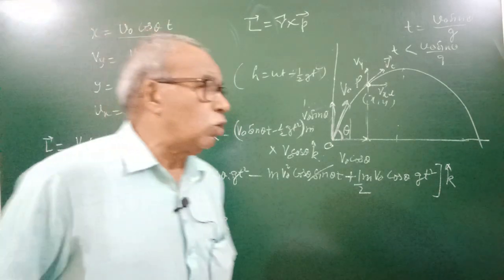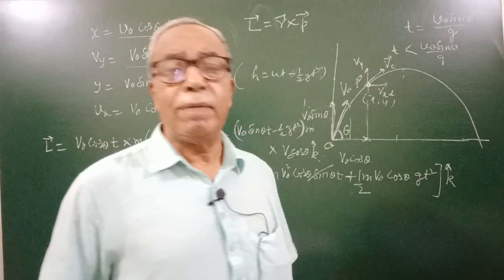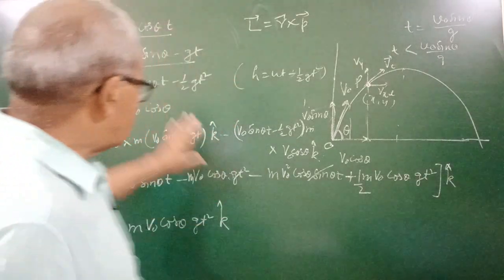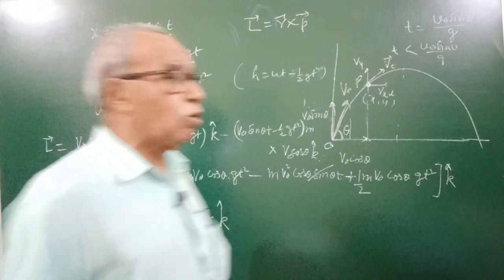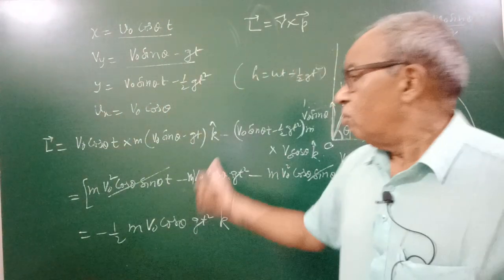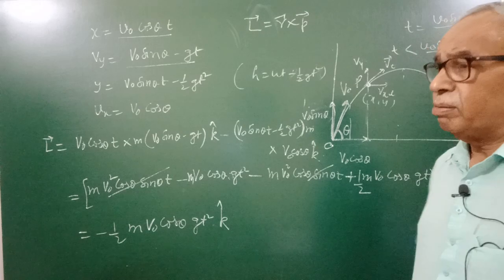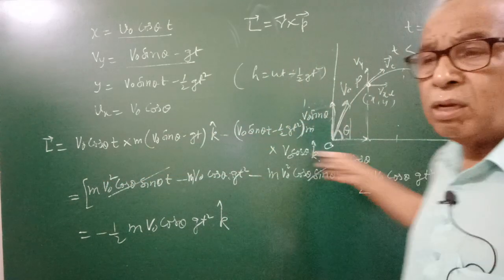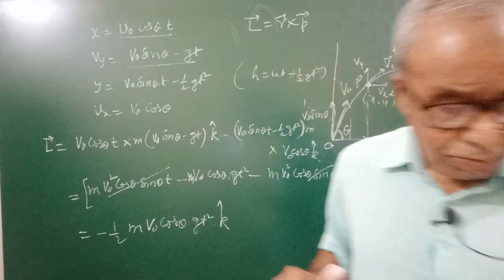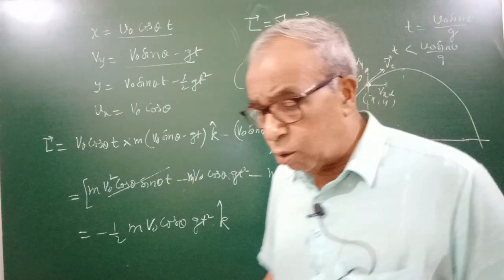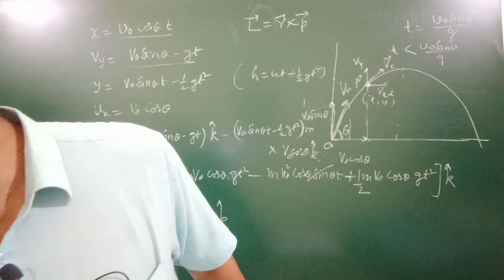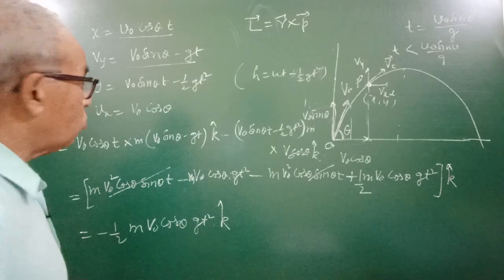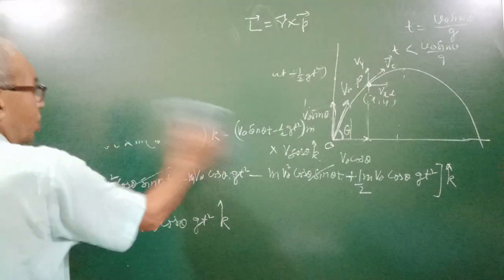And i cross i is 0, i cross j is k, j cross i is minus k, and j cross j is 0. So that is a simple calculation. This question has been solved in the book another way, without taking k cap, and then they fix it later on. Here k is coming by itself. So in my opinion, vector product is very important. You will get many questions based on vector product in a competitive exam, many in the same paper. So this was one question here.